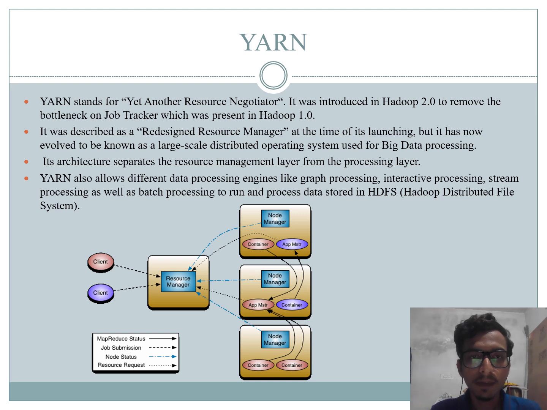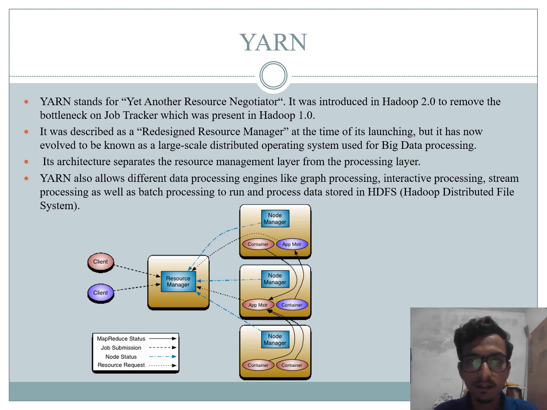It was described as a redesigned resource manager at the time of launching, but it has now evolved to be known as a large-scale distributed operating system, which is used for big data processing. So YARN is very beneficial for big data processing. YARN allows different data processing engines like graph processing, interactive processing, stream processing, etc.